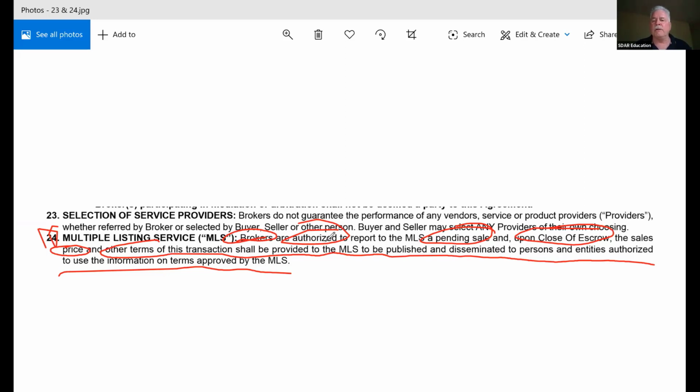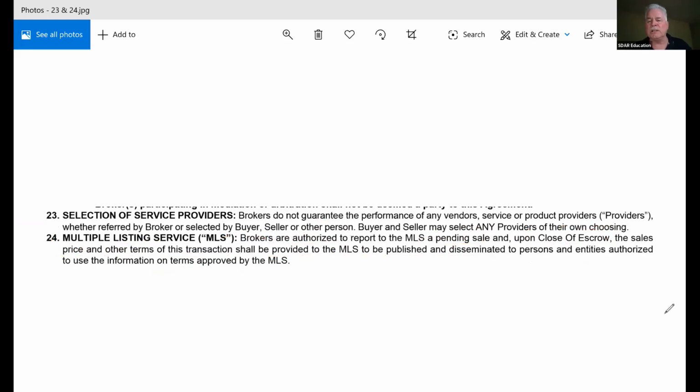Okay, so we need everybody to understand that putting it in the multiple listing service is just the beginning of that event, of what's happening. Those people that we sell the data to have a contract that says you're allowed to do this with the data. Some of them get cute, they put somebody else's picture next to your listing, and so then we had to come up with a comeback for that.